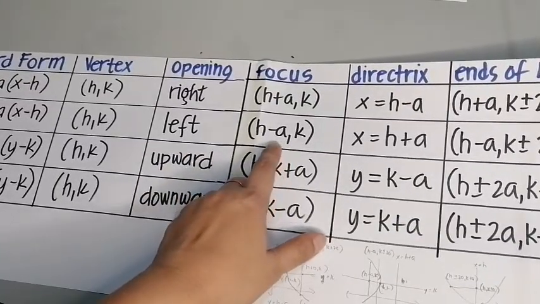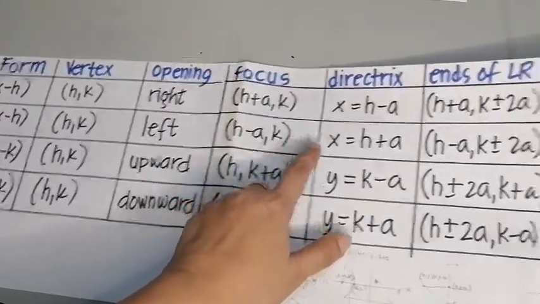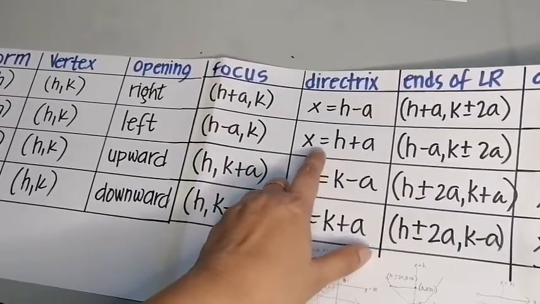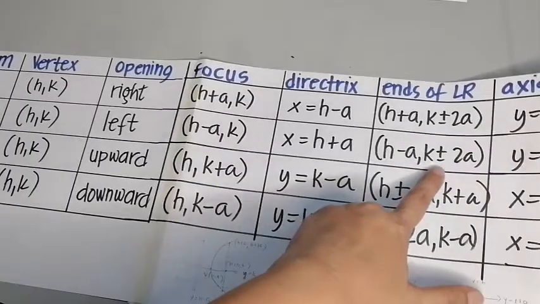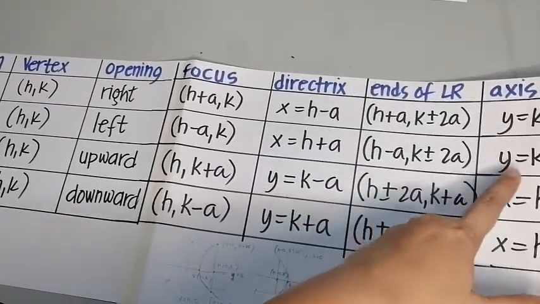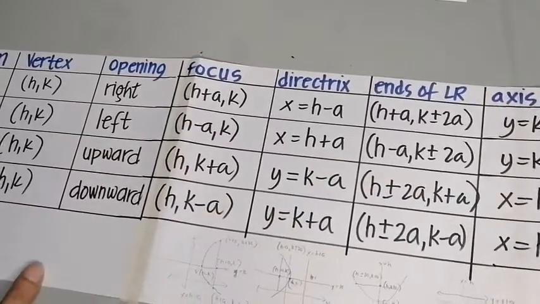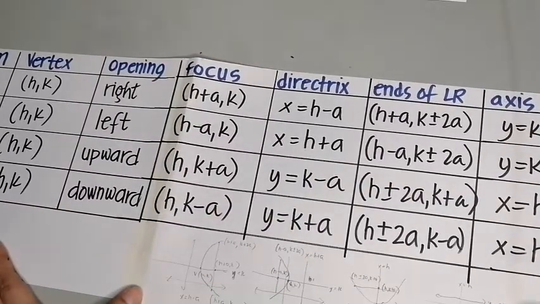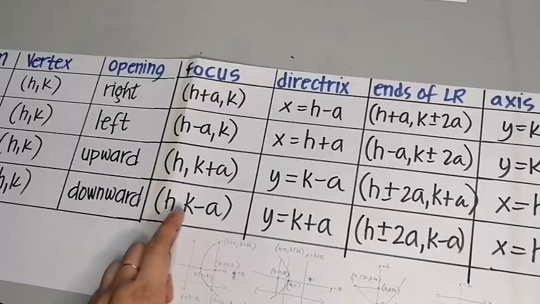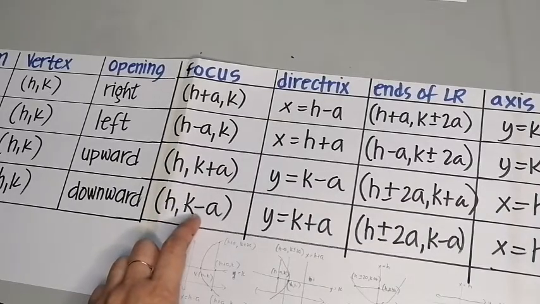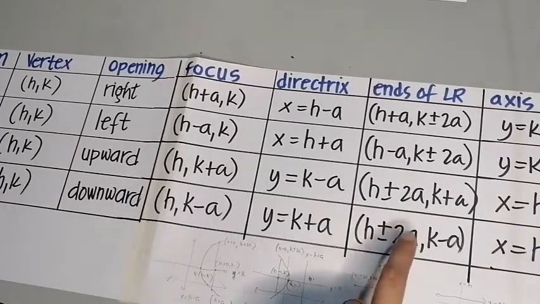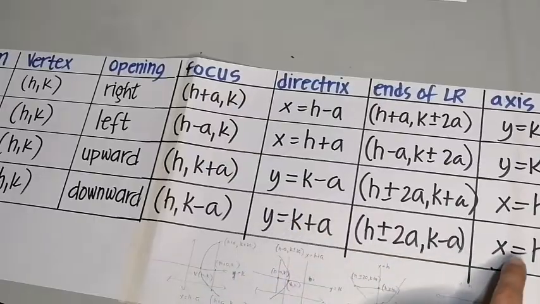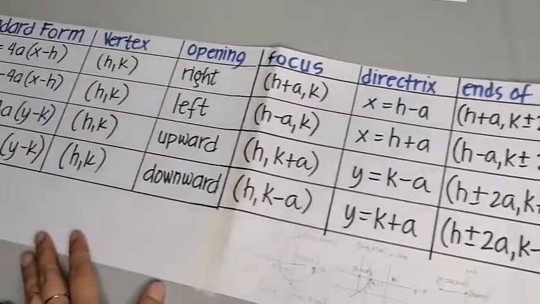The focus has the formula (h minus a, k), directrix x equals h plus a, ends of LR are (h minus a, k plus negative 2a), and axis y equals k. So this can serve as your guide in determining the elements, the coordinates of the focus, the vertex, and ends of LR, and also the equation of the directrix and the axis.